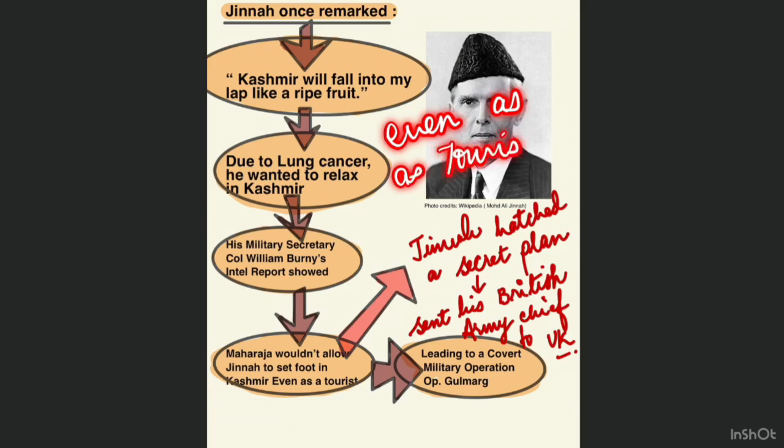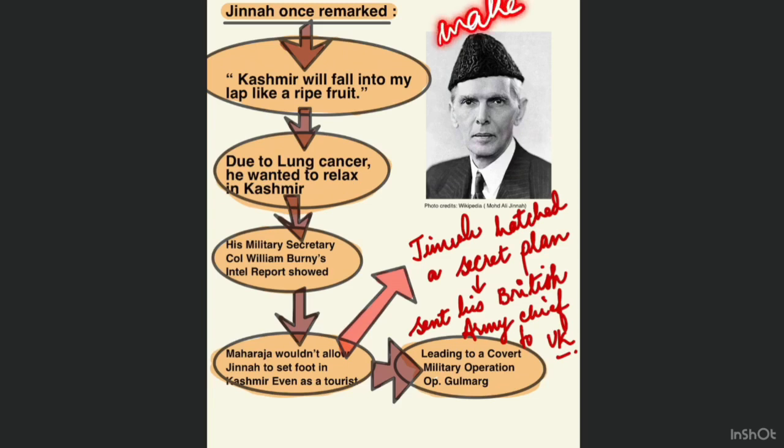So Muhammad Ali Jinnah, who was harboring plans of easy accession of Kashmir to Pakistan, was denied by the then incumbent Dogra king, Maharaja Hari Singh, to even set foot on Kashmir. This was a big wake-up call for the Pakistani premier at that time.